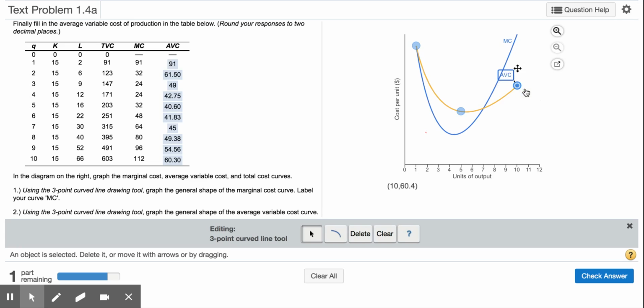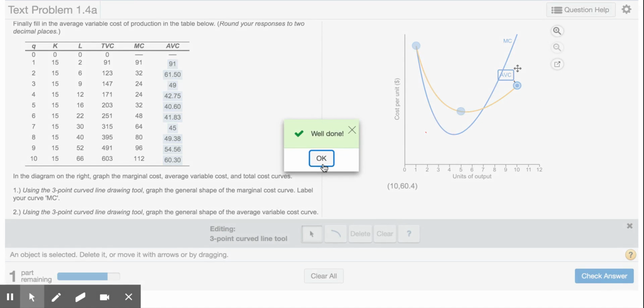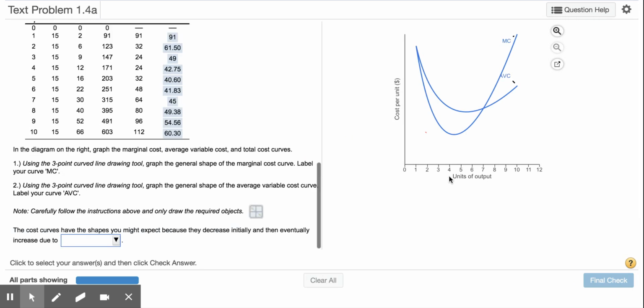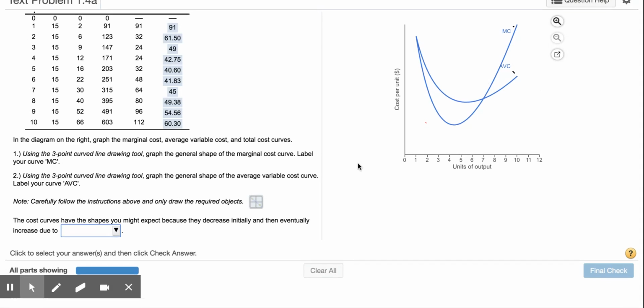So this is the average variable cost. Okay, let's check the answer. Notice that the platform is not very accurate. I would say this is the minimum point, and this should cross the average at its minimum point. I cannot move it, but at least we should get something like that.